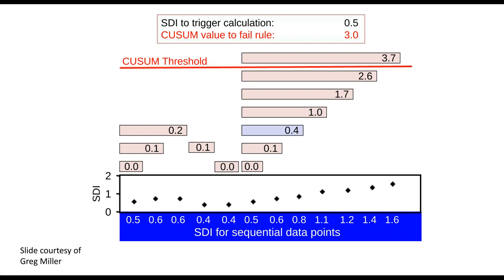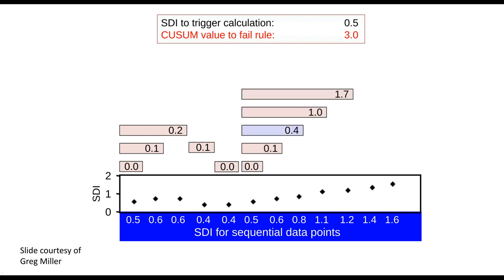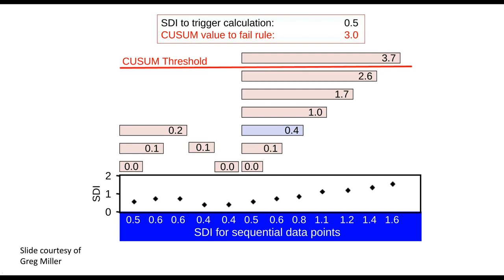Okay, so you can see that when the cumulative summation of the SDI differences exceeds the alert value, the alert fires to inform the technologist that an analytical measuring system problem may have developed. I think I'll show that one more time. And there you can see the alert firing. So this basic approach can also be performed using patient results in real time, so it can be incorporated into patient-based real-time QC approaches.